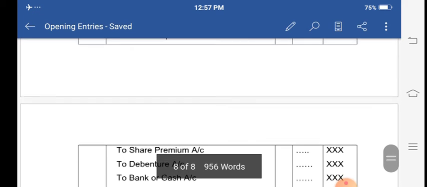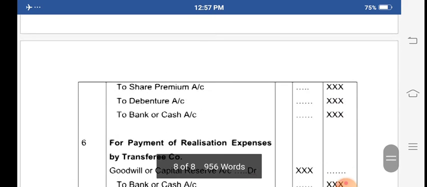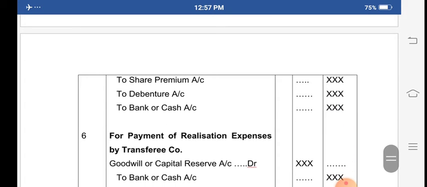As well as to share premium account, debentures account, and bank account, debit. Like this I have to pass the journal entries.